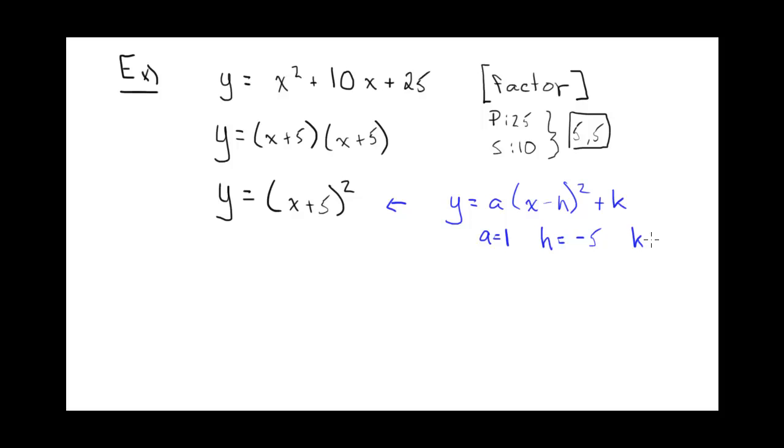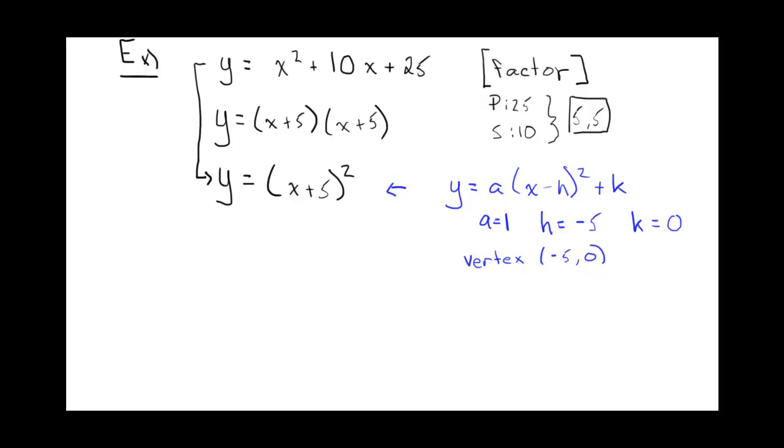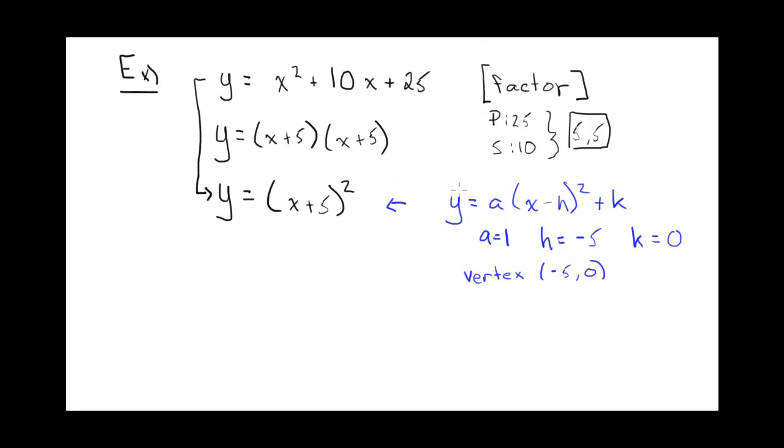And k is equal to, well, there's no number here, so that means we're adding 0. So the vertex is just (h, k), so (negative 5, 0). So we can change this standard form to vertex form by factoring. But there's a reason why that worked in this specific example, and that was because it was a perfect square.